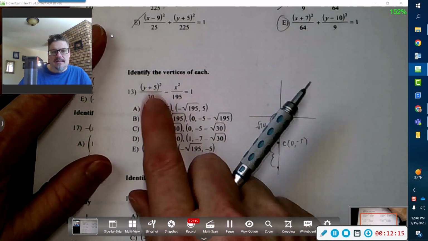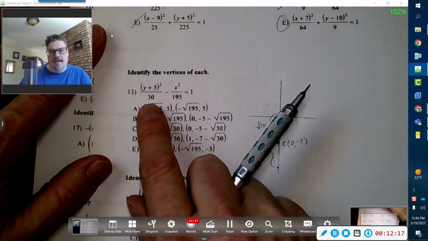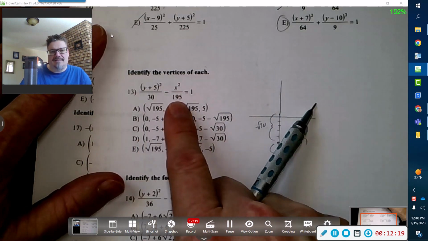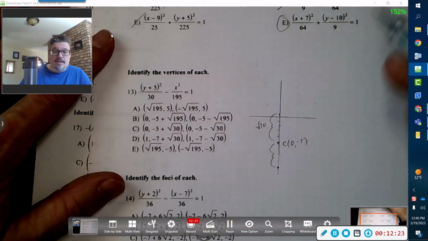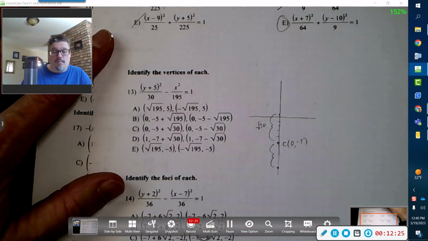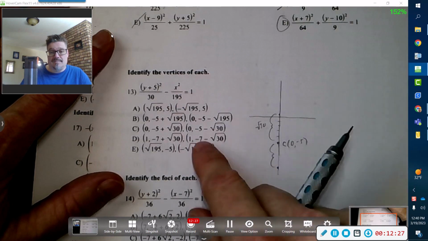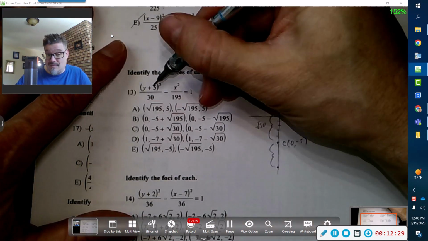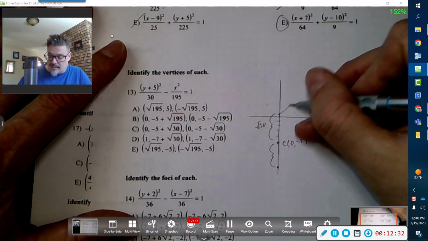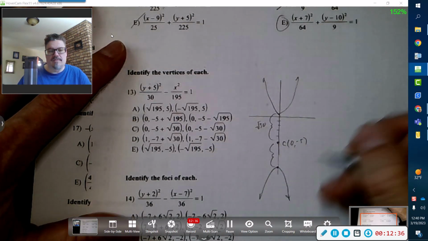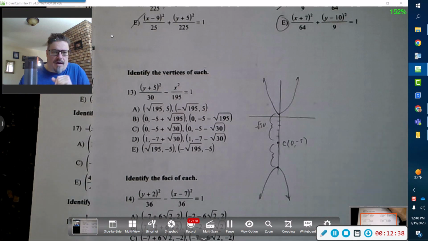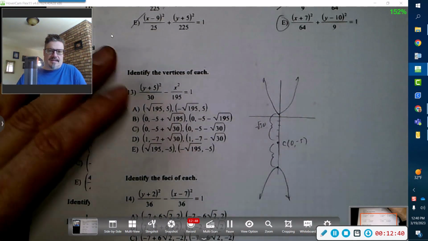This first expression is y, and this one has to be where the vertices are. Moving over is just going to be helpful for when we want to graph. But at this point, because the y is squared, we know it has to open upward, and those are where the vertices are. That's why there are no co-vertices with a hyperbola, because they don't actually exist.